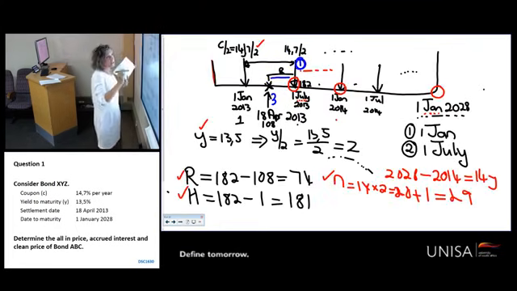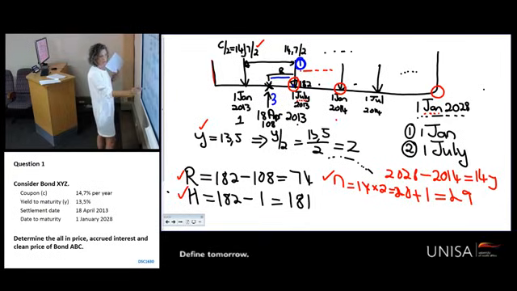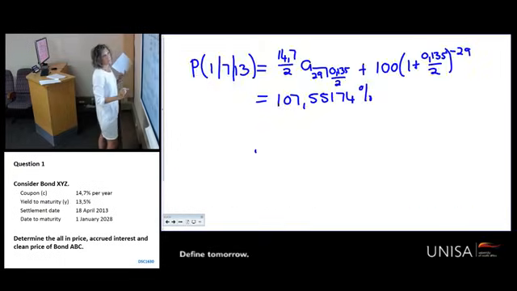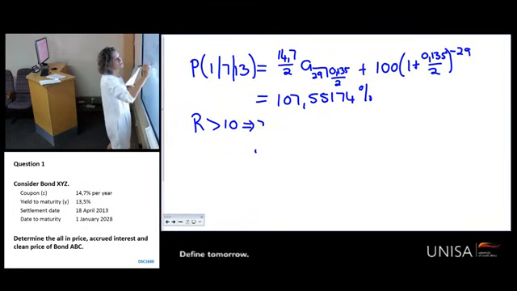Okay. Second step is now we must remember this coupon at that date is not included. And if we need to add it, this R value must be bigger than 10. Now R value is 74. So now R is greater than 10. Actually equal to 74.